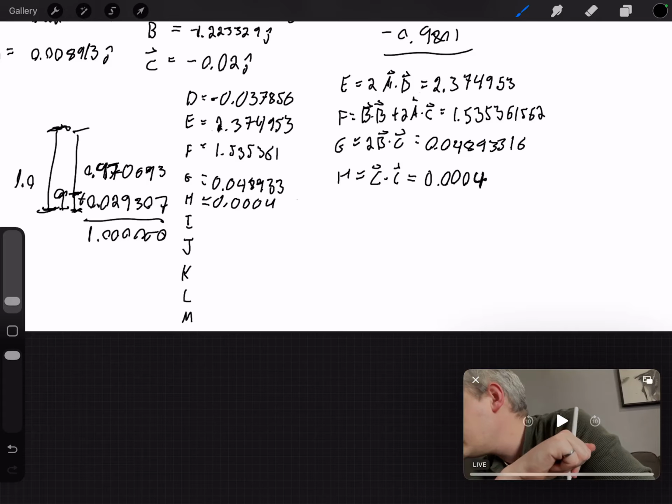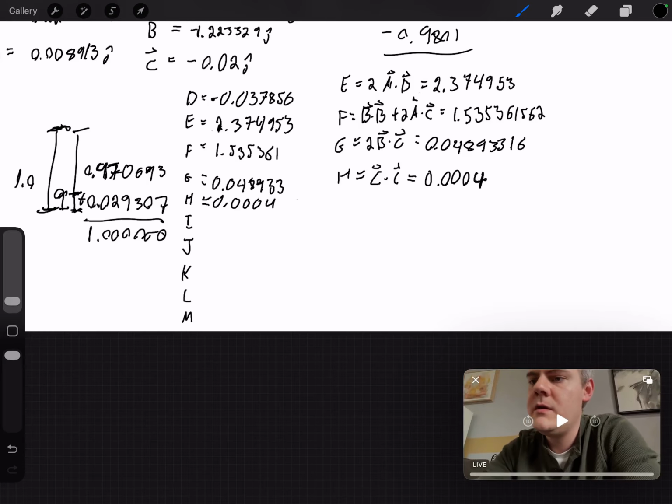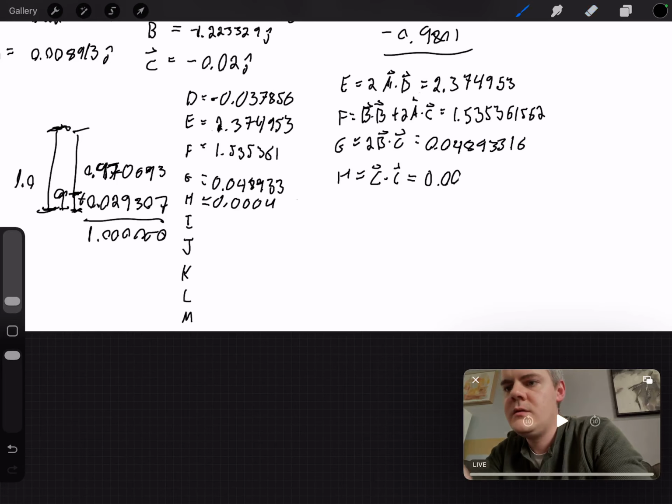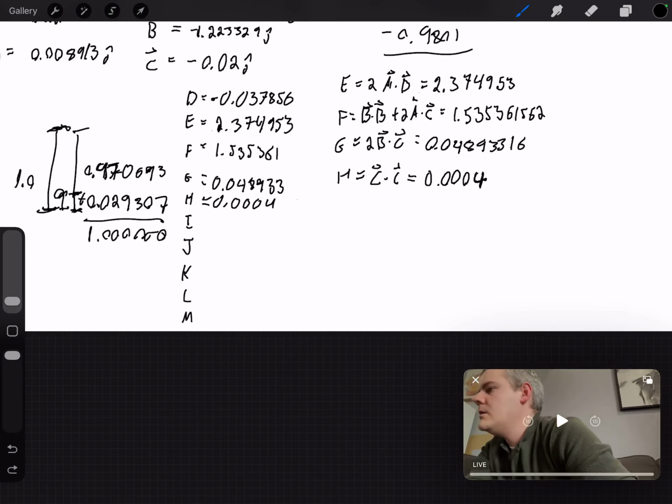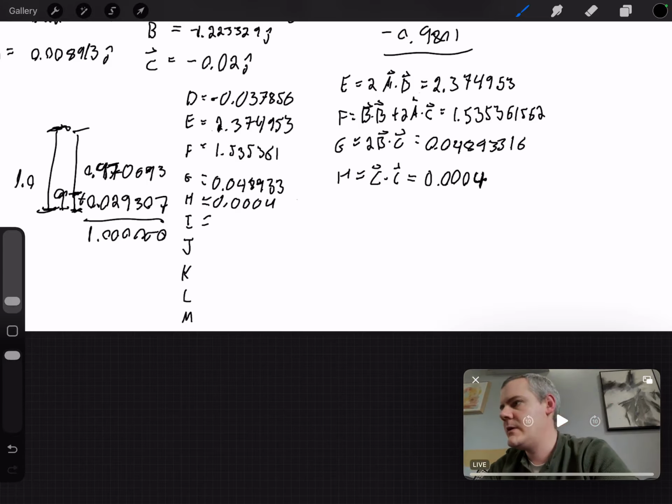Correct number, zeros, 1, 2, 3. Okay. I. What do I get from my code?